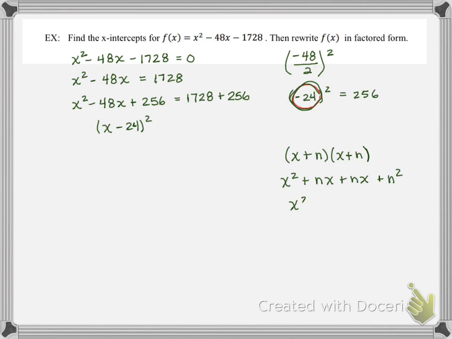And that is x squared plus 2nx plus n squared. So this is the form we want it in, because we want it to factor as a binomial times itself. So half of that, squared, gives me this. Okay, I see. So I'm just setting it up so that my trinomial is in the form of a perfect square.